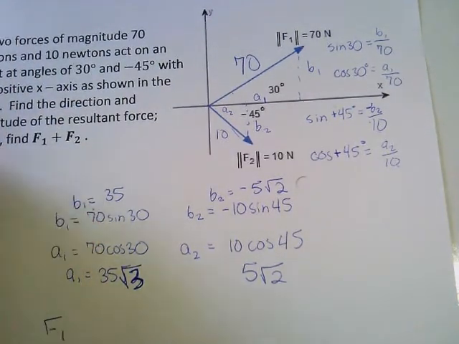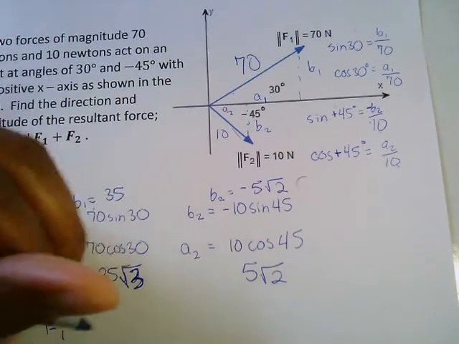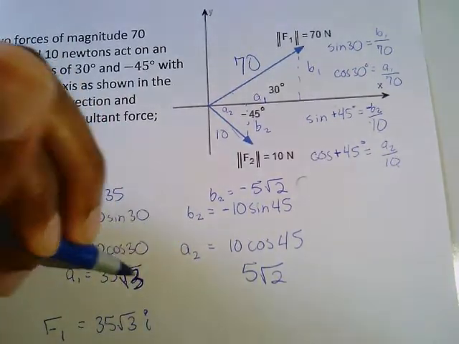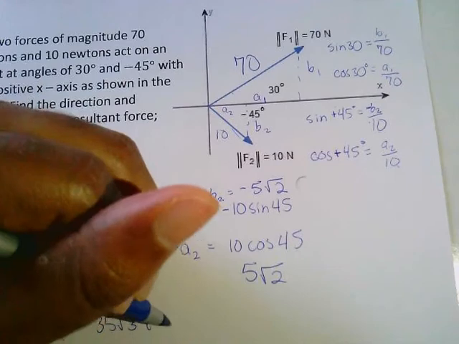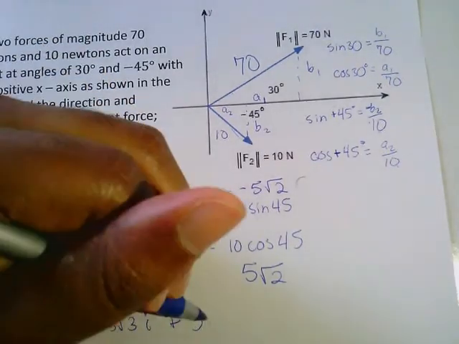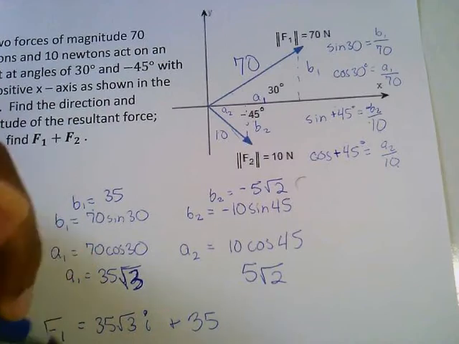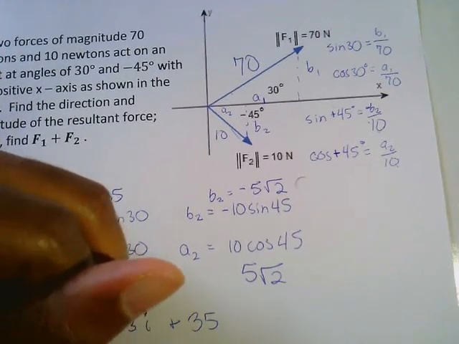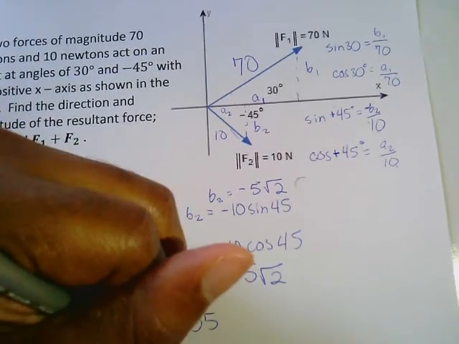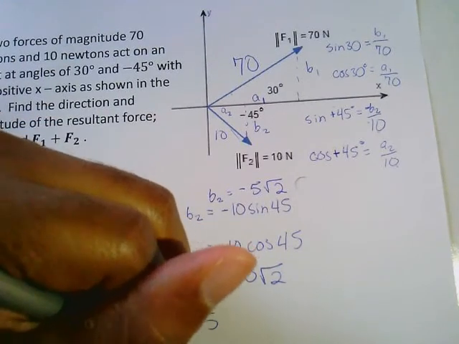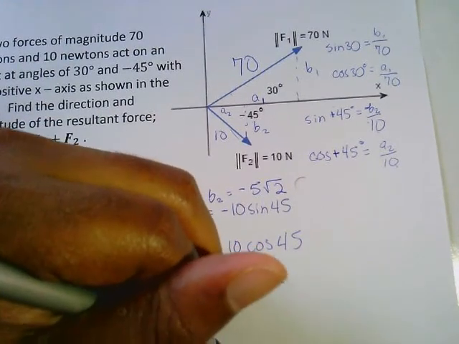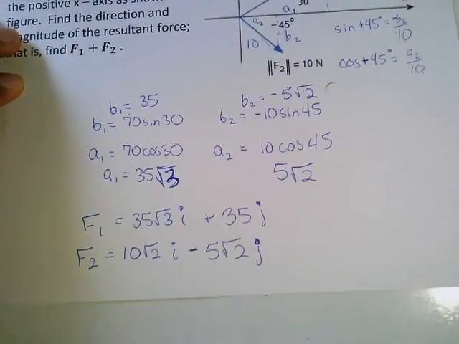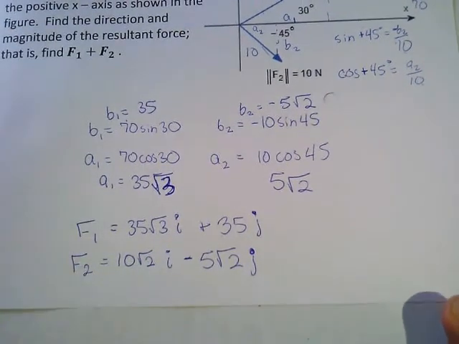So F1, if we break it into its components, is going to be 35 square root of 3 I plus 35 J. F2 is going to be 5 square root of 2 I minus 5 square root of 2 J, and then we just need to add these two together to get our resulting force.